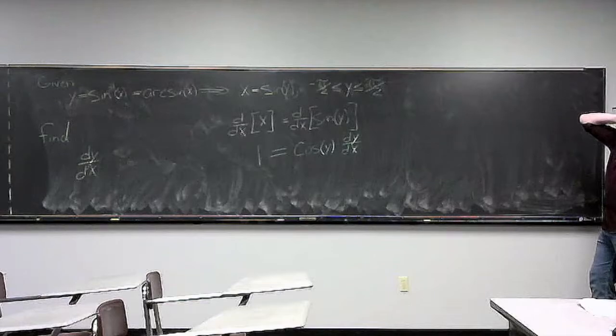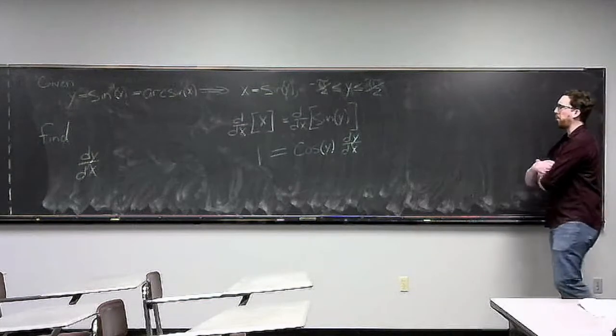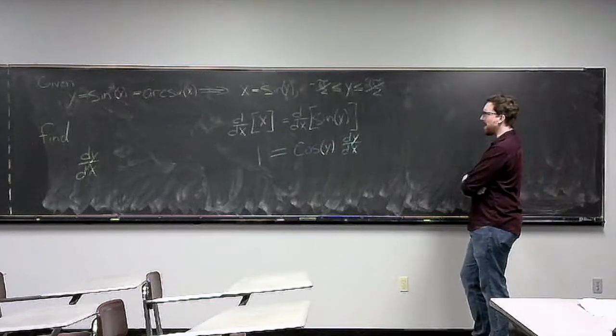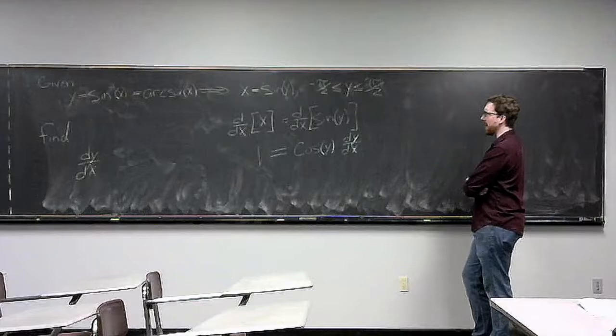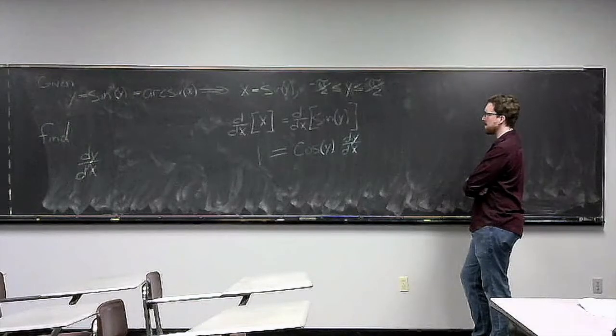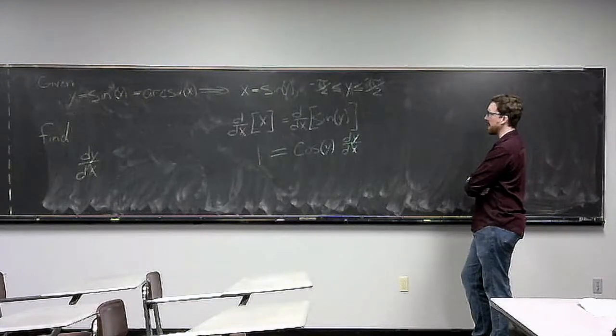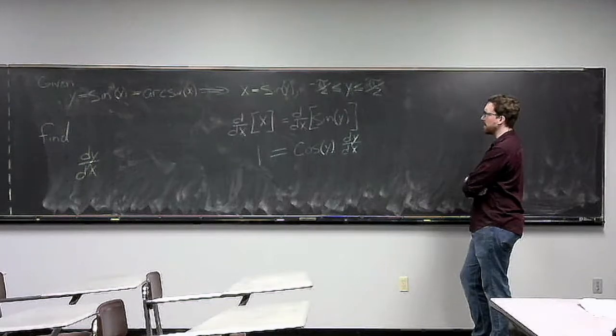Now what? Well, now we need to isolate dy/dx from everything else. It means we need to divide both sides by cosine of y.